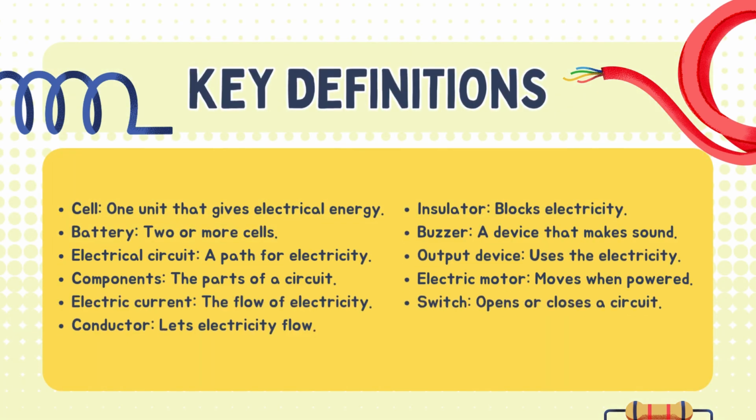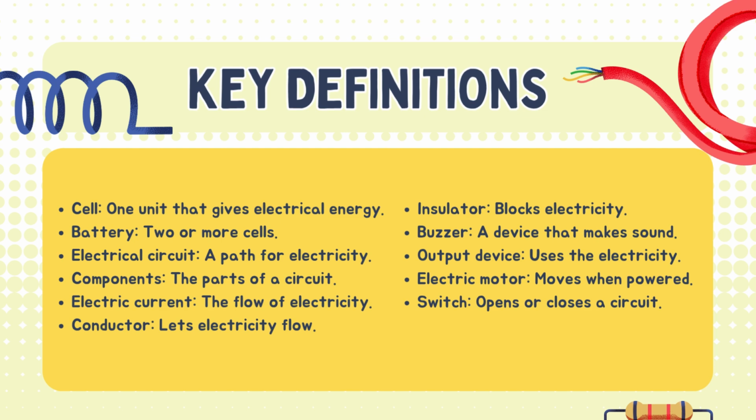Let's quickly go over the important words we've learned. These definitions will help you remember what each part of the circuit does. The cell is one unit that gives electrical energy. A battery is two or more cells. An electrical circuit is a path for electricity. Components are the parts of a circuit.